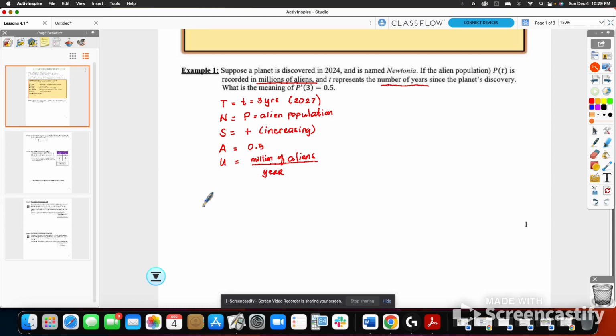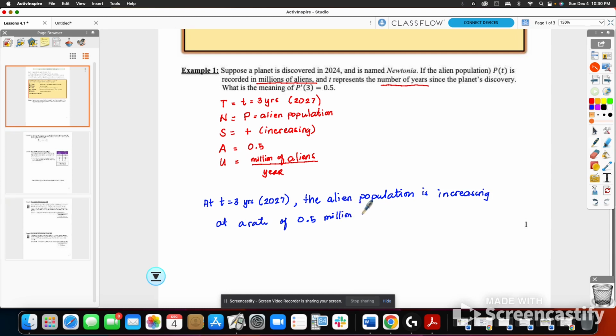So we'll say that in 3 years, or at T equals 3, which in this case is 2027, you can say at T equals 3 years, or on year 2027, the alien population is increasing at a rate of 0.5, that's your answer, and then the unit, million aliens per year.